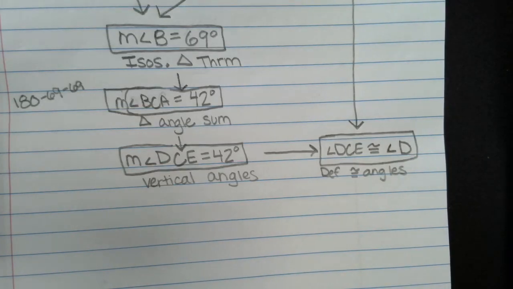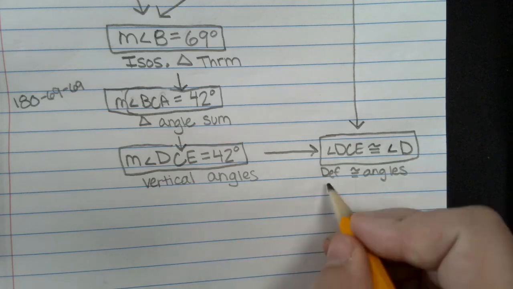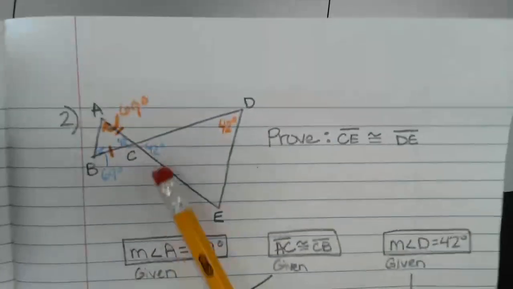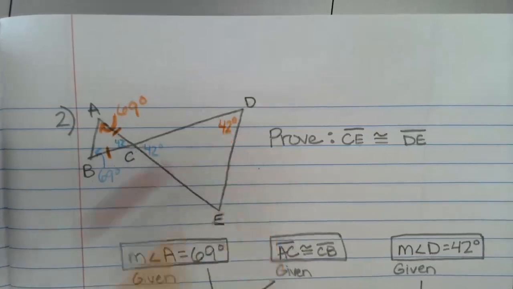Holy cow. All right, we have 2 angles that are congruent, which means what type of triangle are we dealing with? An isosceles triangle, because isosceles triangles always have 2 angles that are congruent. We know 2 angles are congruent, so now we can say the 2 sides are congruent. Our base angles are congruent, 42 and 42.